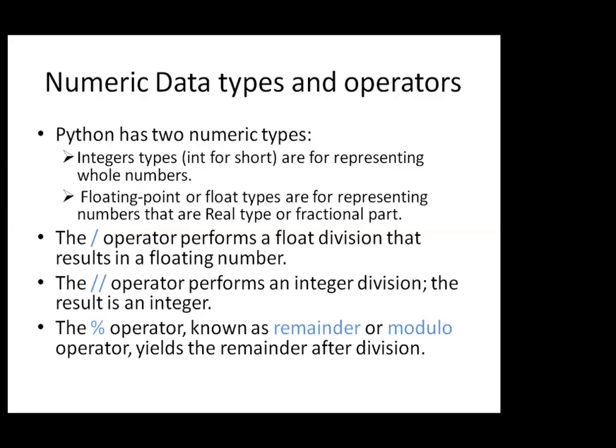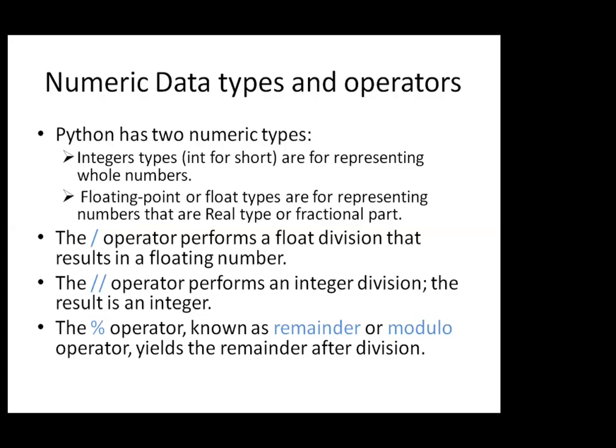The operators for numeric data types include the standard arithmetic operators: the plus sign, minus, and multiplication sign. Operators are straightforward, of course. We use them for binary operations, for adding, subtracting, or multiplying.